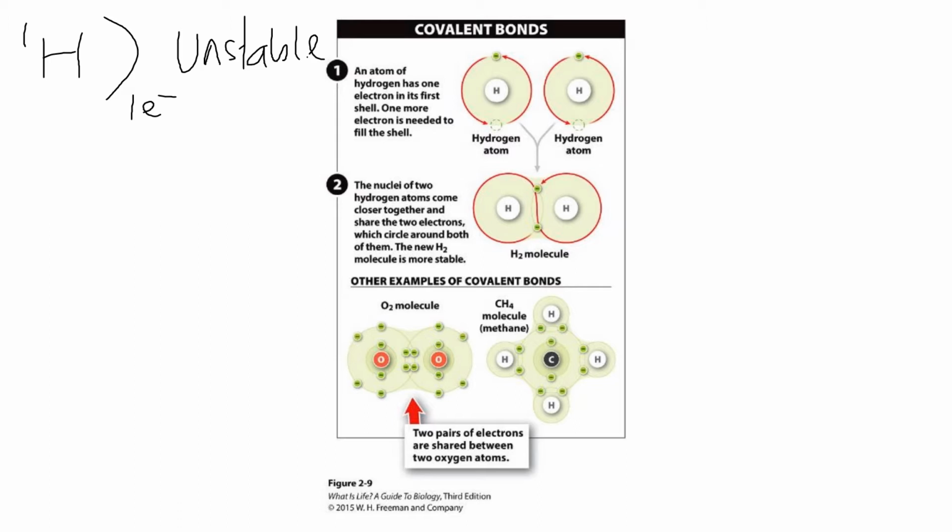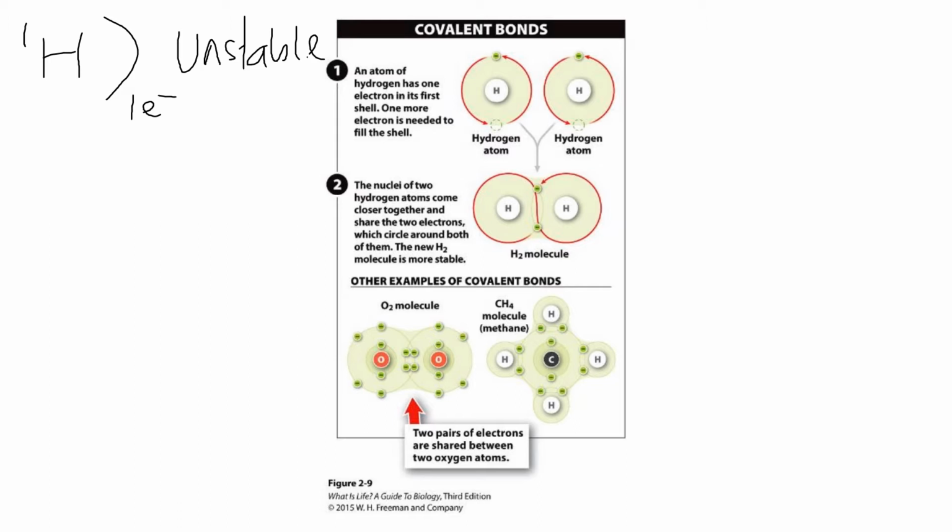And as you can see, hydrogen is only carrying 1. So how many more would hydrogen need to become stable? It would need 1 more electron so that it can have those 2, and that would fill up its electron shell. So hydrogen is going to have to find another element to get that electron that it needs.